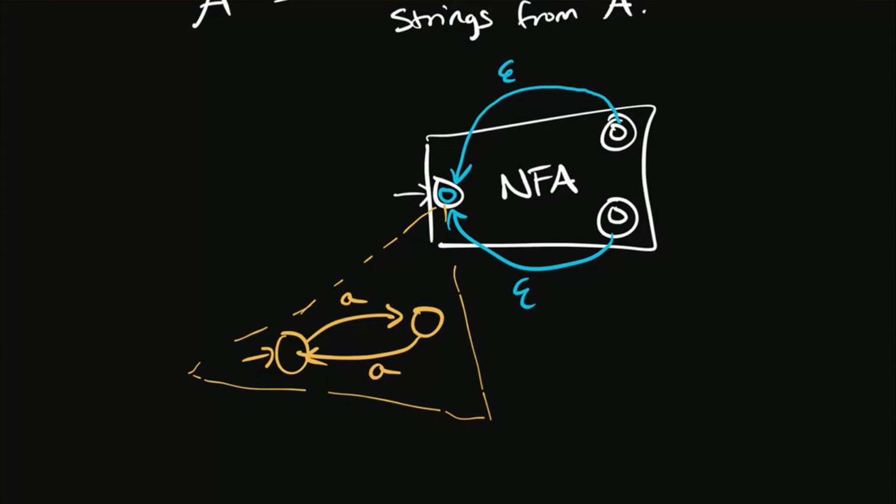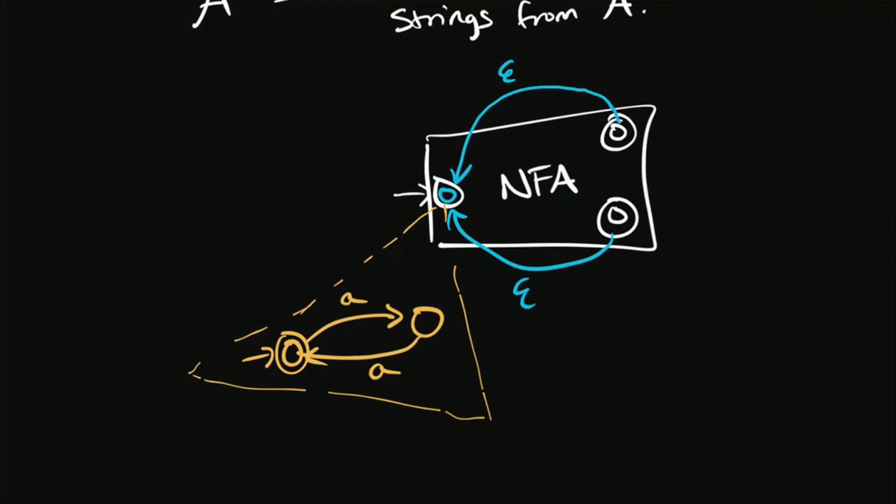So if I read AA, then I come back to the start state. Well, what do we do now if I put that guy to be final? I accept it. Did I just change the language of the machine? Yeah. So we don't actually want to do this.